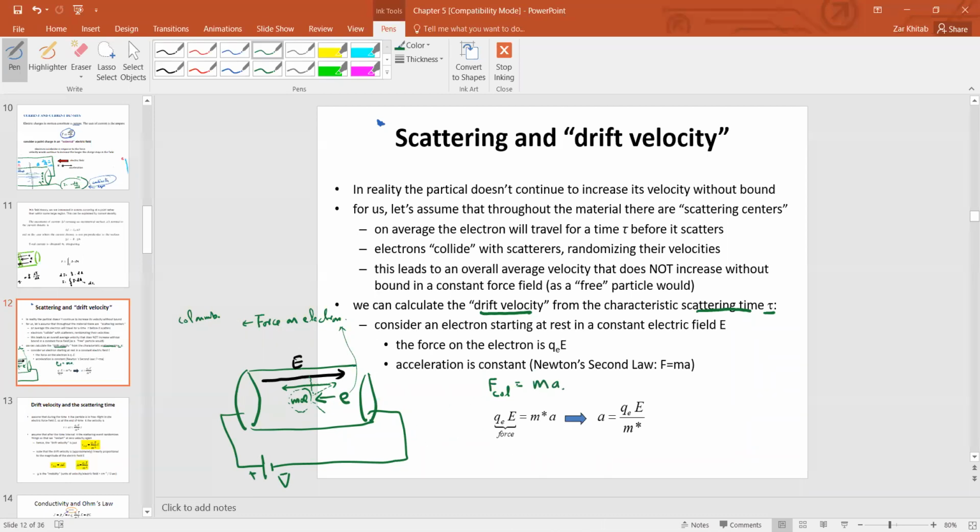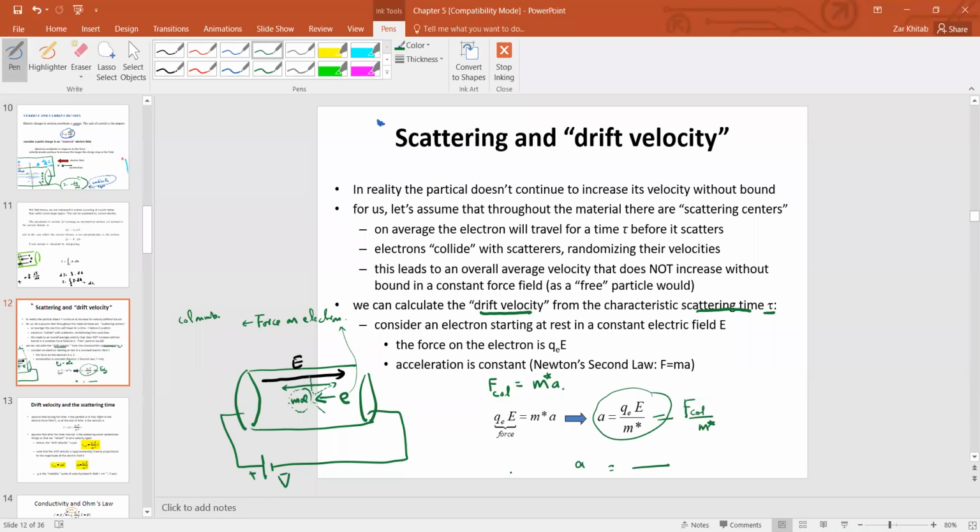The Coulomb force is QE, charge times electric field intensity, and m star is the effective mass of the electron, a little bit higher than its free space mass. You can calculate the acceleration from this: acceleration is the Coulomb force divided by the effective mass.